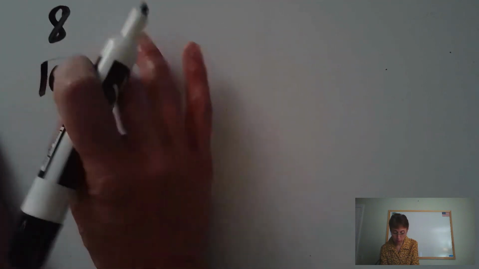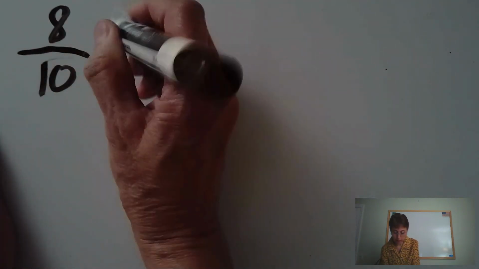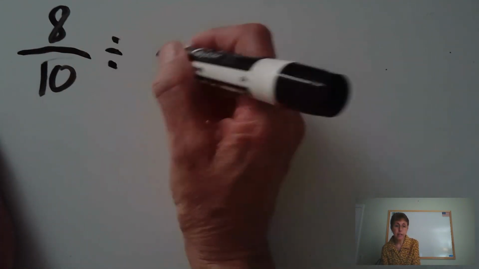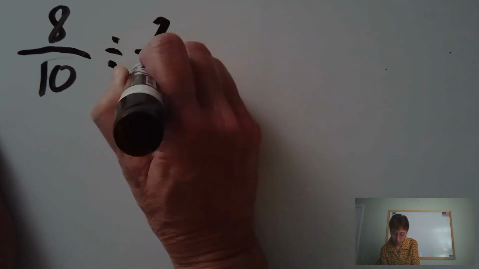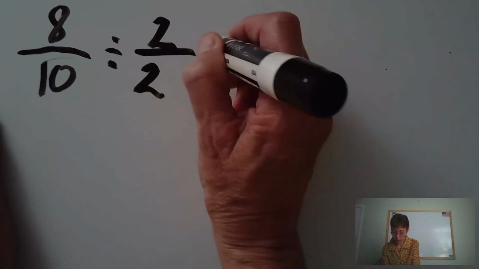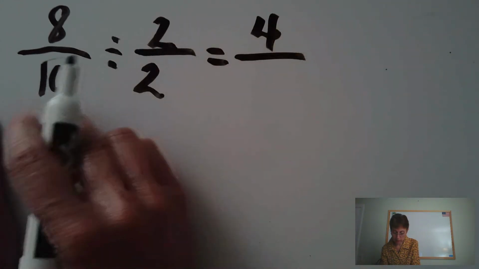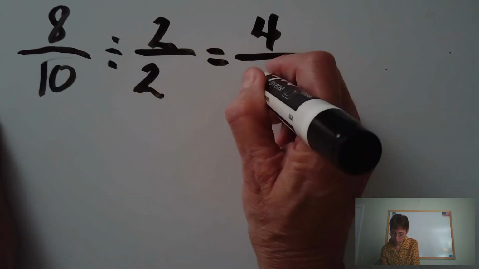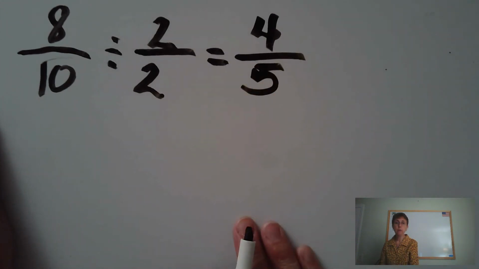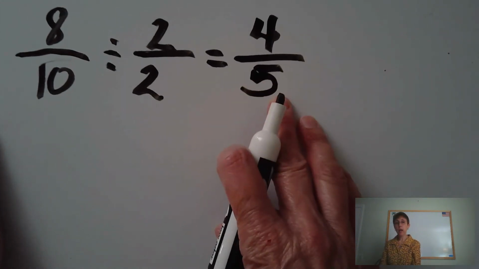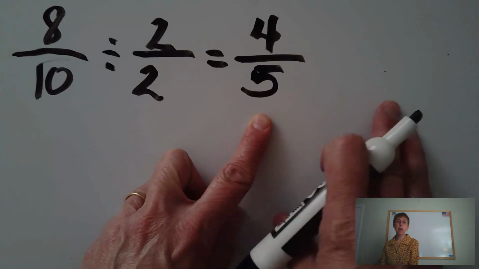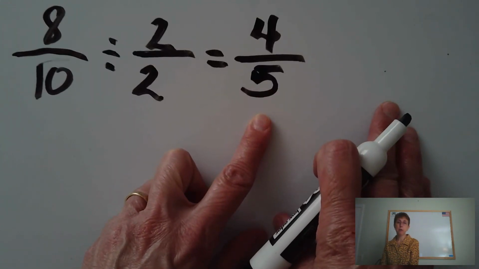All right, well, let's do 2, because I know that 8 and 10 can each be divided by 2. So I do 2/2. And 8 divided by 2 equals 4, and 10 divided by 2 equals 5. Okay? And if I look at 4/5, that cannot be reduced any further.